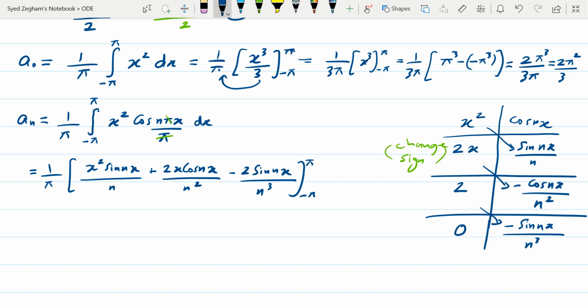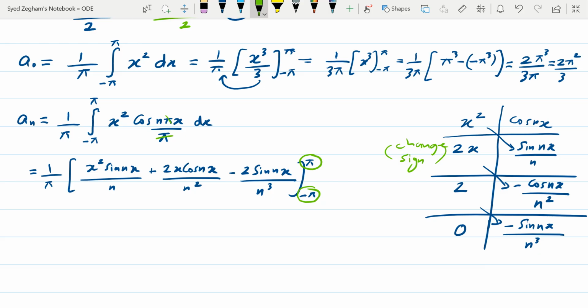And if you see, first in all these three terms you will put x equal to pi. In that case, in the first term you will get sine n pi, that is 0. In the third term also you will get sine n pi, that is 0. And same thing when you put x equal to minus pi in these three terms.